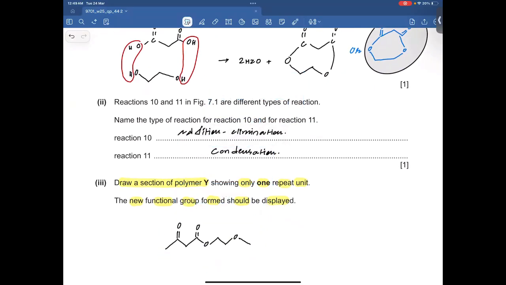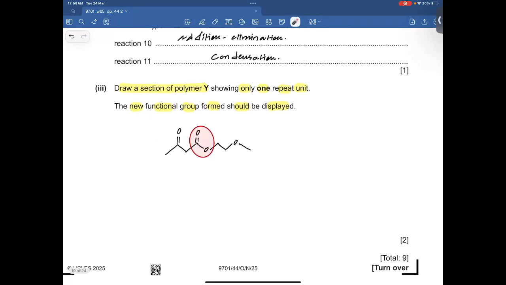So that is the one repeating unit, okay? So this is the new functional group form. That functional group is ester, okay? So formation of ester, esterification भी कह सकते हैं हम इसको. That's the end of this question, guys.